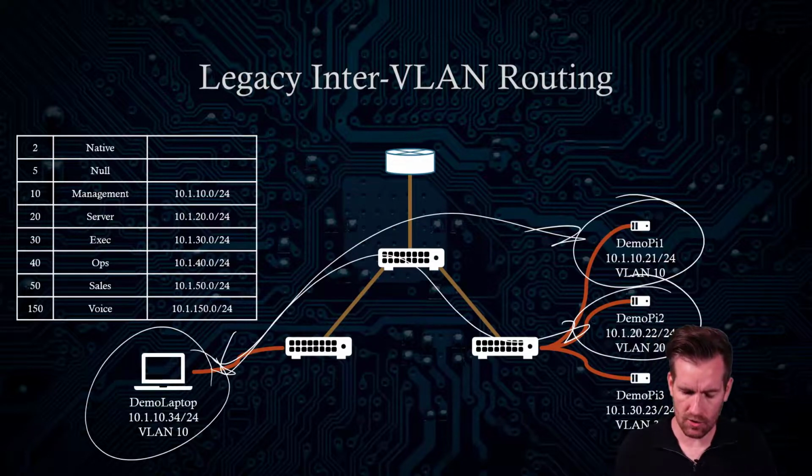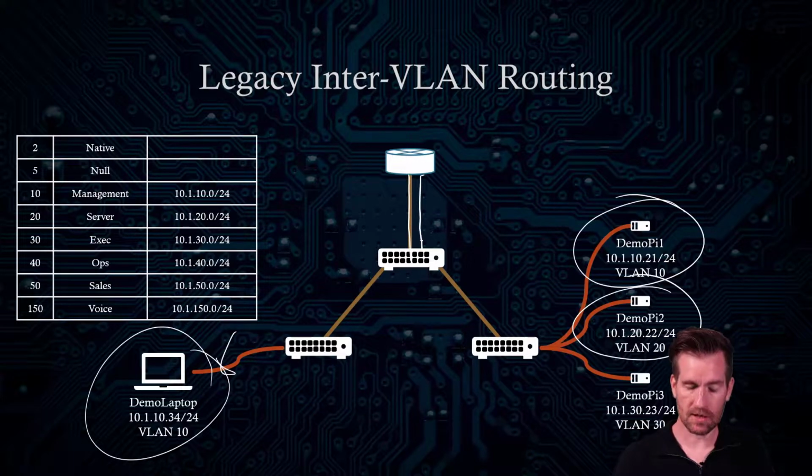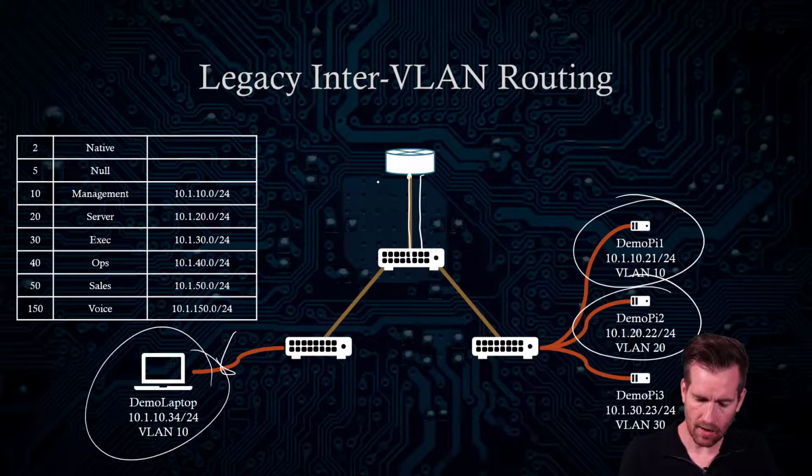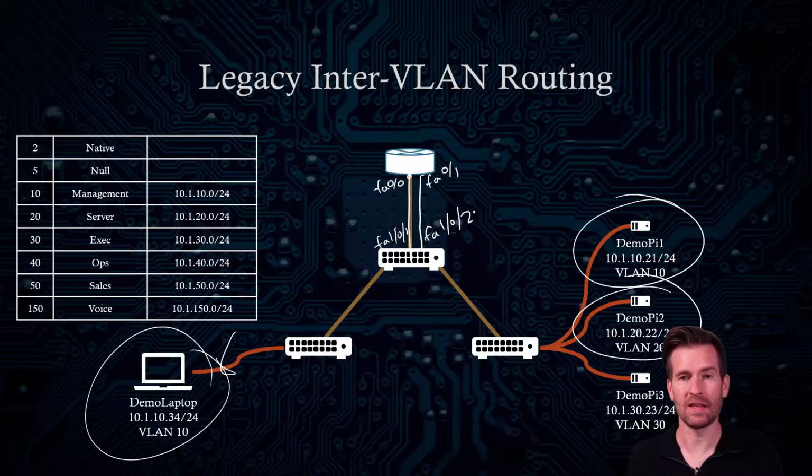And the way we're going to do it is we are going to set up two cables going between the switch and the router. The first cable on the router is going to be connected into FA0/0, and the second one is going to be connected into 0/1. And then on this switch, we'll plug in the cables to FA1/0/1 on this side and FA1/0/2 on this side.